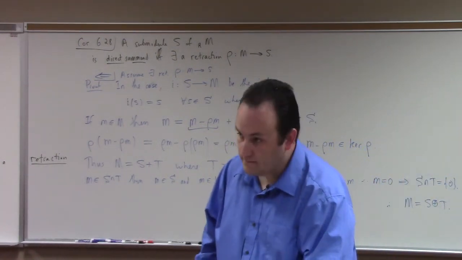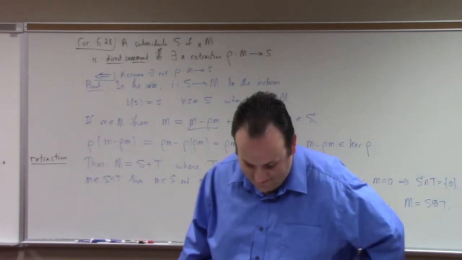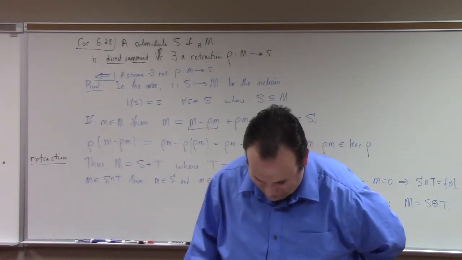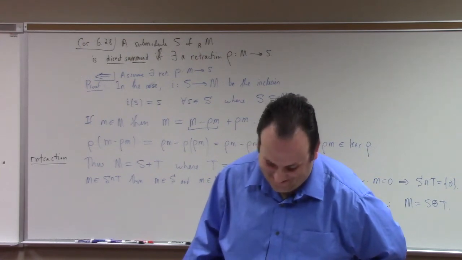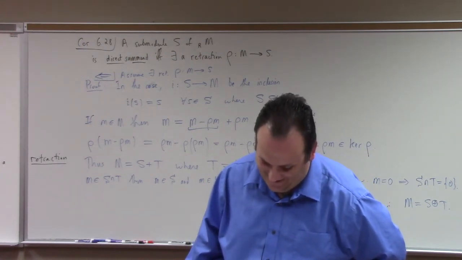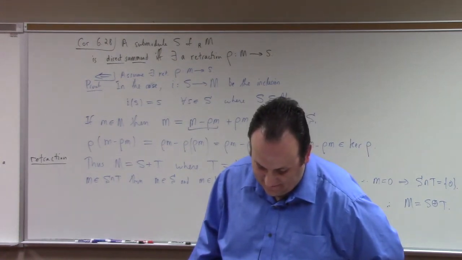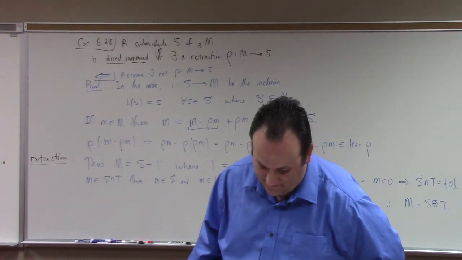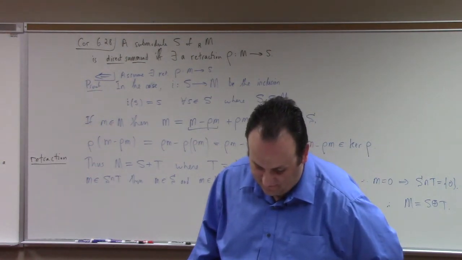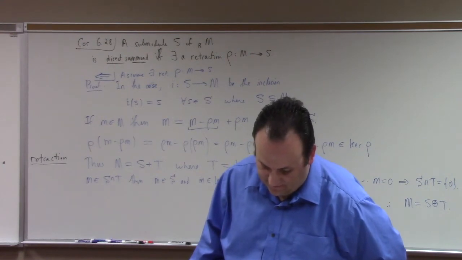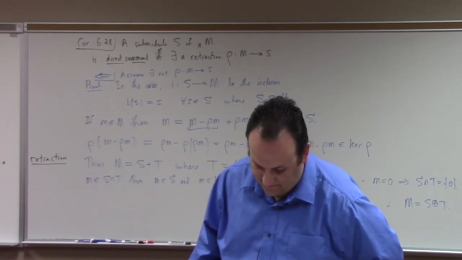Wait, where did we use I? We didn't. That's true. I hope I gets used in the other direction, maybe. For the converse, if M is the direct sum, then each m has a unique expression of the form m equals s plus t, where s is in S and t is in T, and it's easy to check that rho from M to S defined by that is a retraction.